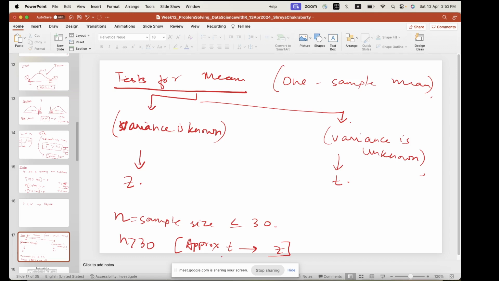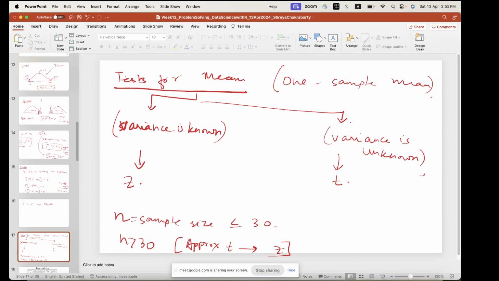What I'm trying to say is that if we have large samples, then by the central limit theorem, every statistic can be approximated with a normal distribution. So in that case, we could perform a z-test.